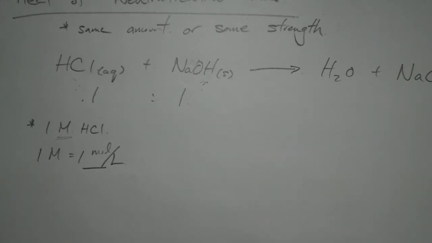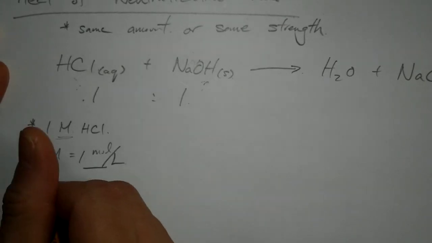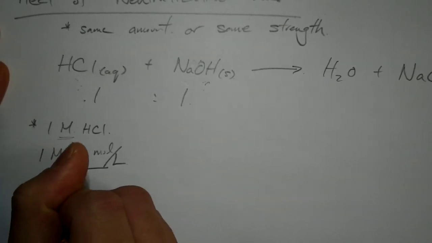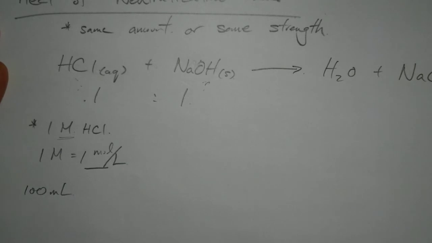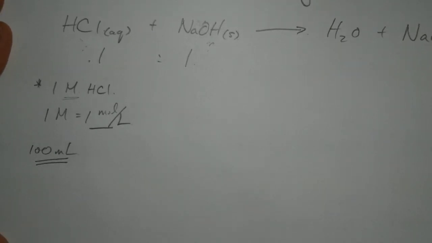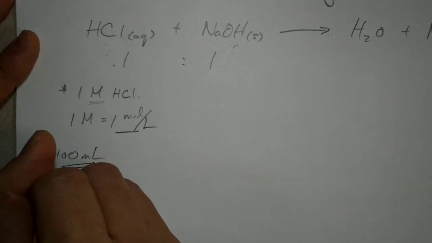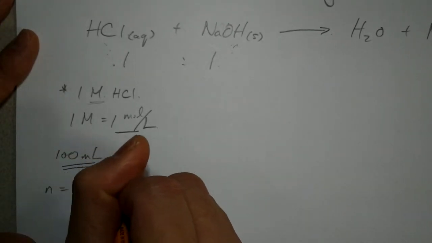Now, for today's experiment, you're only going to use 100 milliliter or 100 centimeter cube. If you're going to use only 100 milliliter, how many moles are you going to get? 0.1. Number of moles equals concentration times volume.